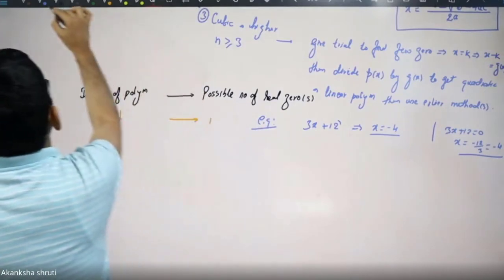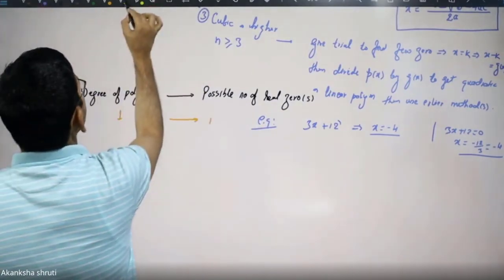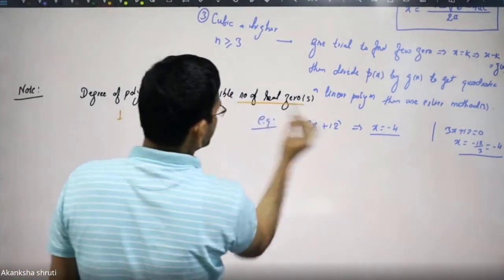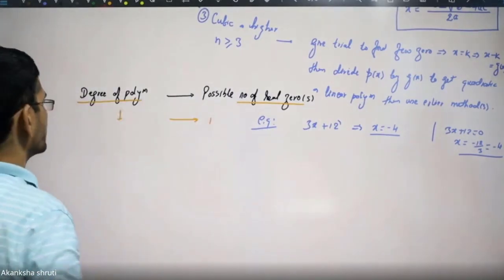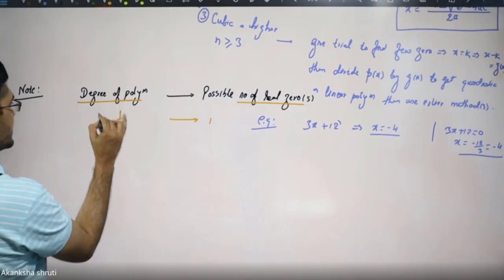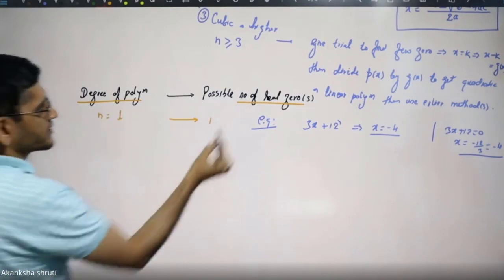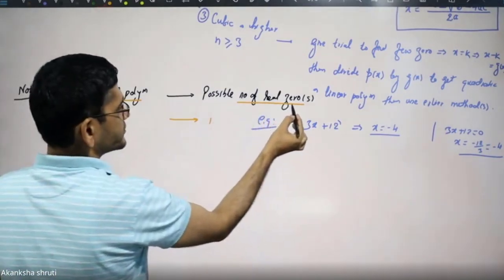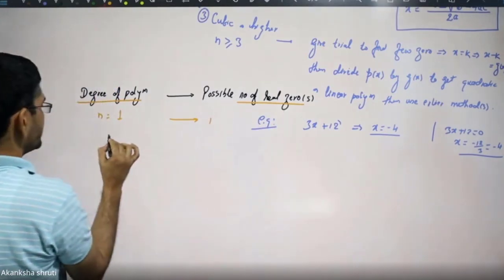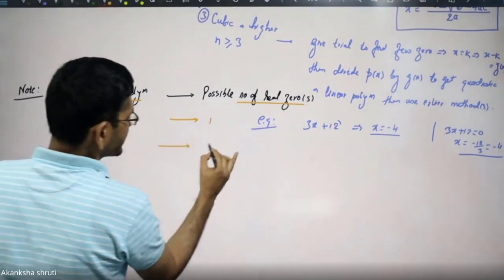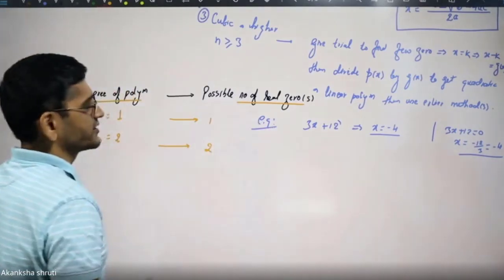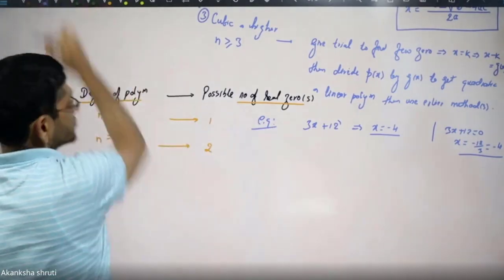If the degree is 1, then the number of real zeros will also be 1. If it is 2, then you will find that the number of possible real zeros can be 2.